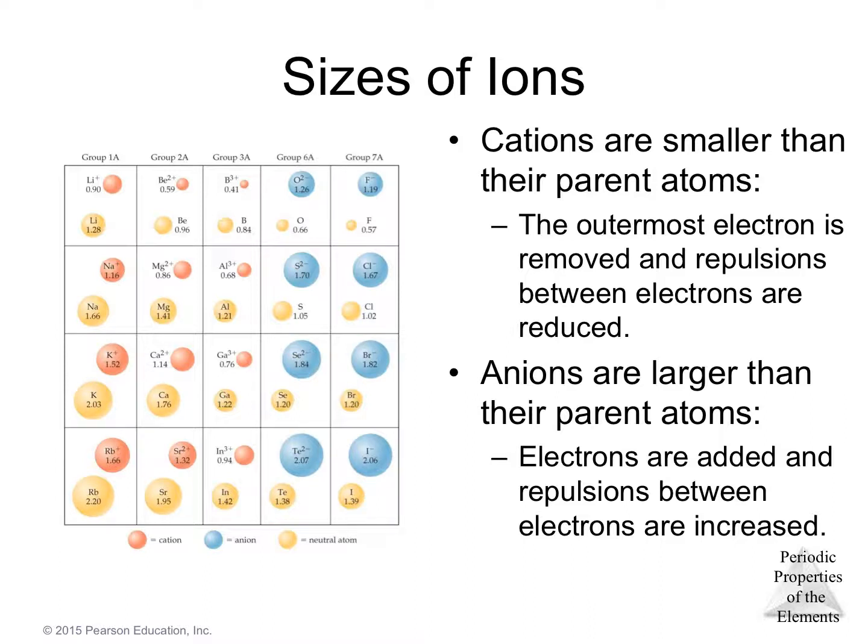In order to take a negative charge, you have to gain an electron. So the atom actually gets larger when it becomes an ion. And you see that in the pictures. Here's the neutral, here's the negative ion, and you can see that it's much larger. So you should recognize that a cation is smaller than its parent atom, and an anion is larger than its parent atom.